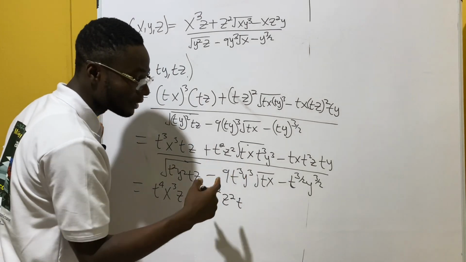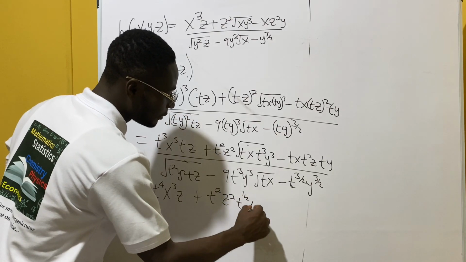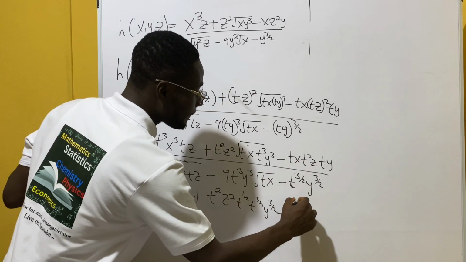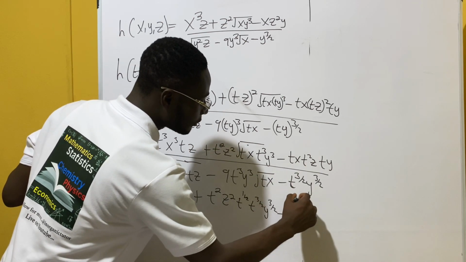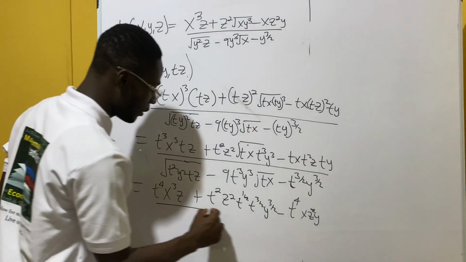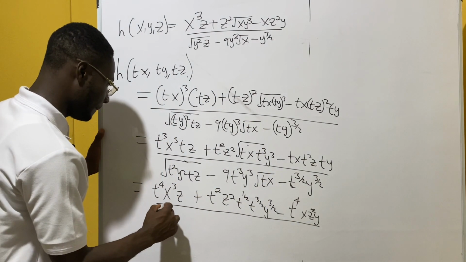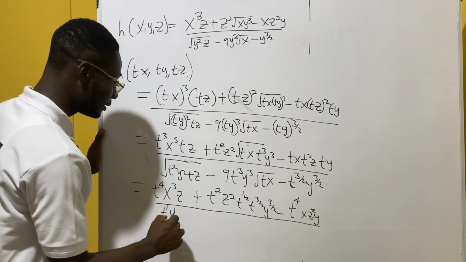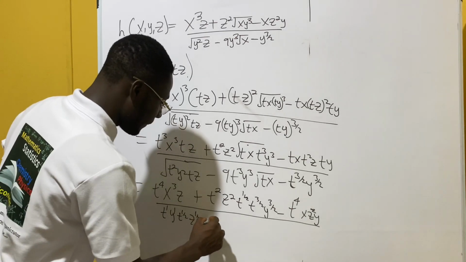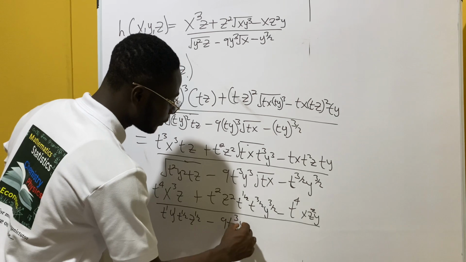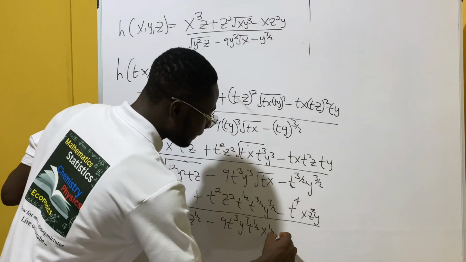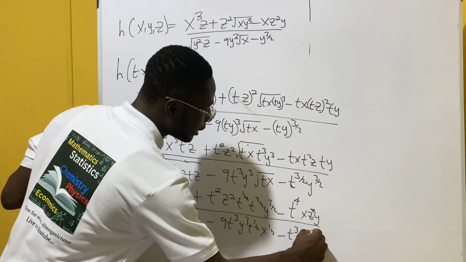The square root here is the same as power half, so we have t power half, t power 3 on 2 y power 3 on 2, minus t times t, so we have t power 4 x z squared y, all over t power 1 y power 1 t power half z power half, minus 9 t power 3 y power 3 t power half x power half, minus t power 3 on 2 y power 3 on 2.